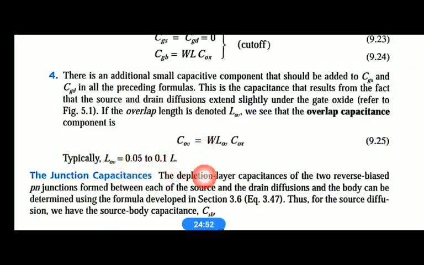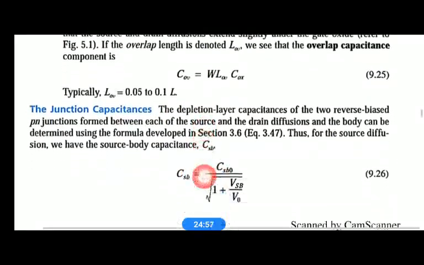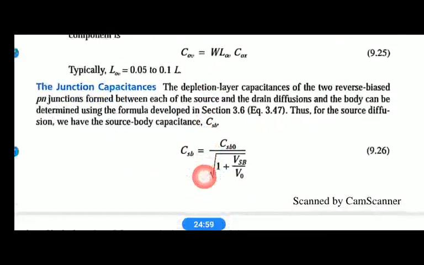So that overlap length we are considering there. Then we have two junction capacitances.